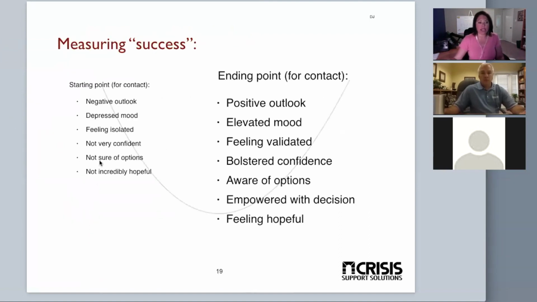My final slide, and then Joey's going to tell you your grad challenge, is we started with your starting point: negative outlook, depressed mood, not feeling well. Someone says, how do I know when I'm being successful? How do I know I had a good visit with the person? They feel better. They have a little bit more hope. They have some options. They have a path.